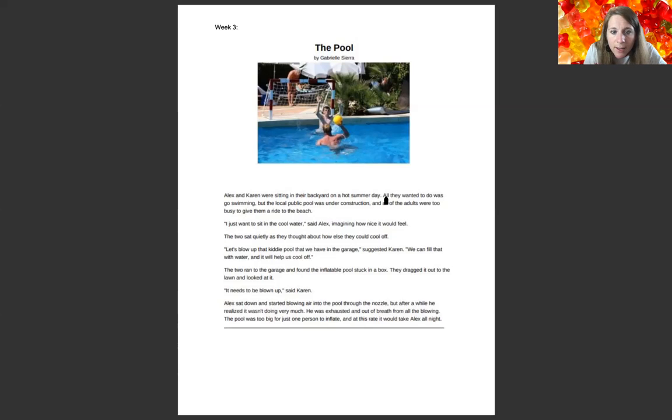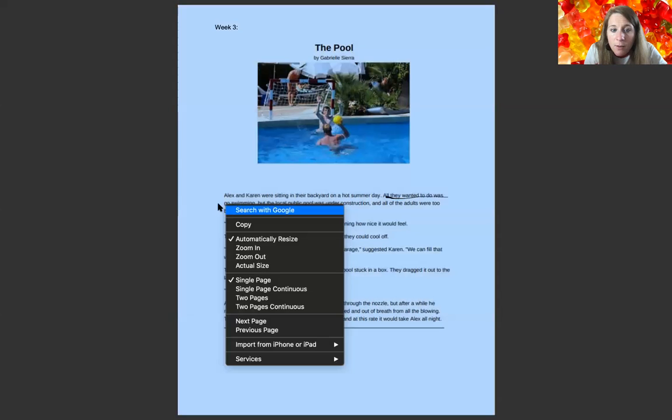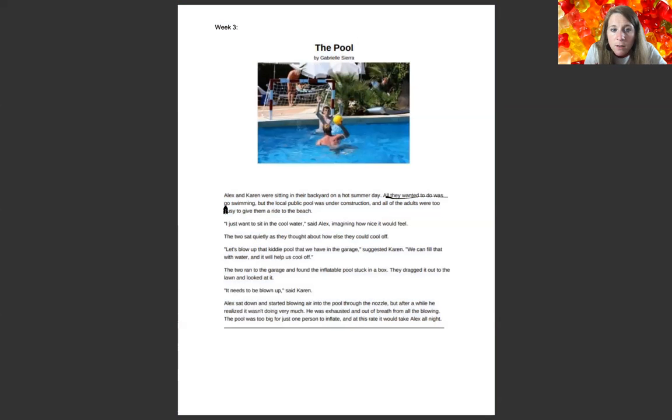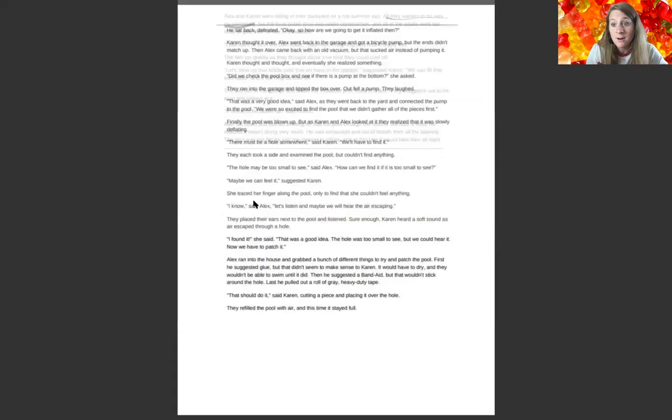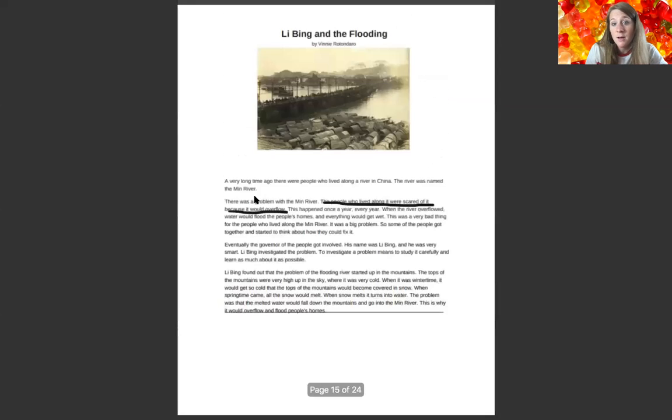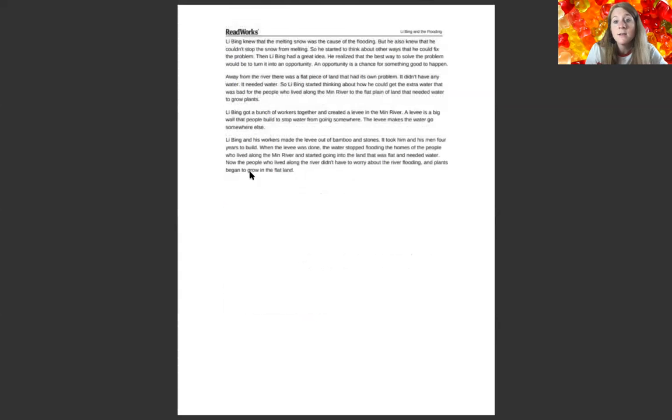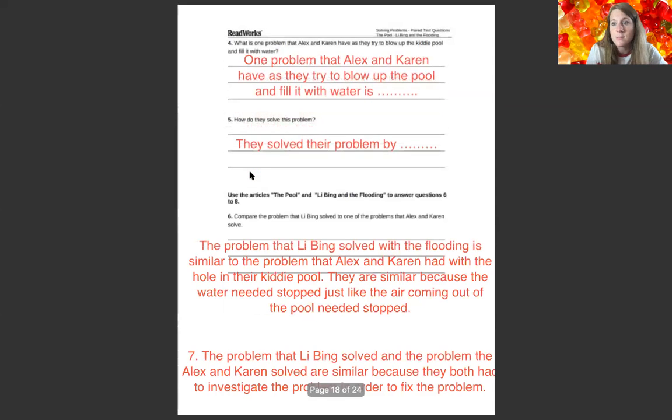we could go ahead and write that all they wanted to do was to go swimming. That was their problem. All they wanted to do was go swimming. They're not scared to live. They're not scared of their house being destroyed by a flood. All they wanted to do was go swimming.